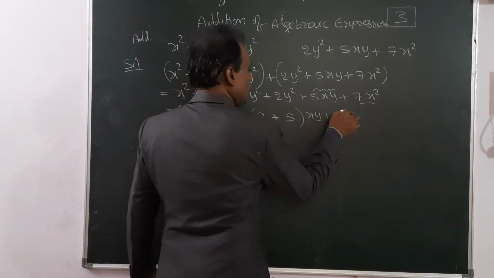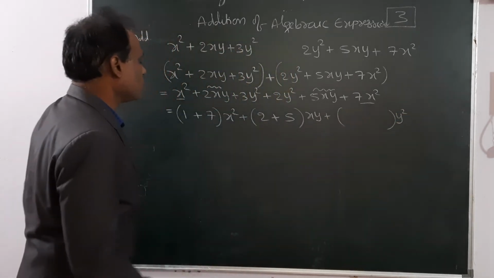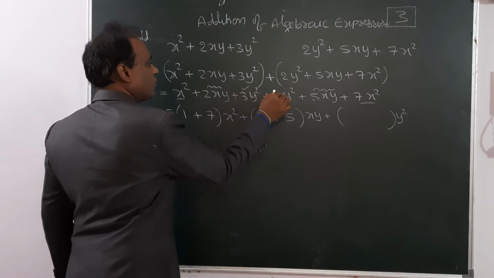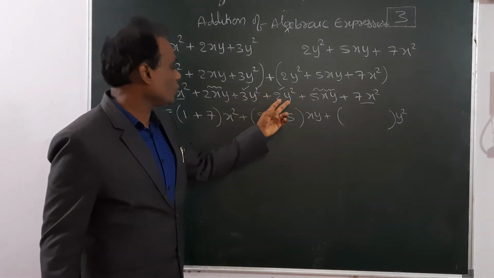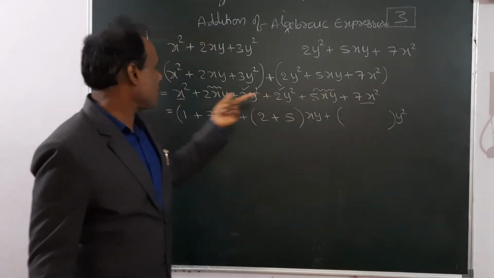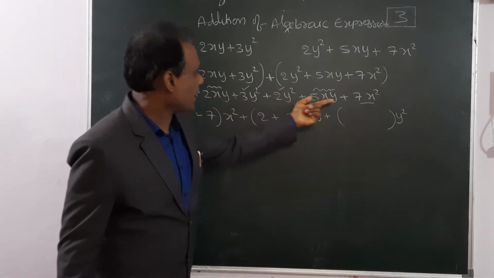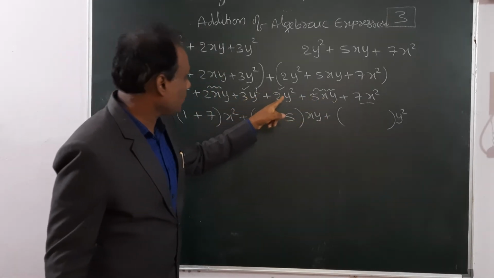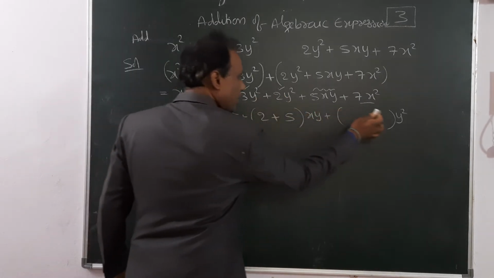Next, the y square terms remain. Still we have y square terms. What are the y square terms? 3y square, 2y square. Suppose these say apples are added, mangoes are added, bananas are added. Similar terms. So y square common.